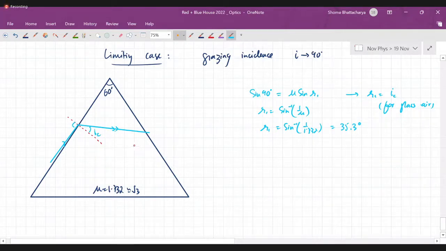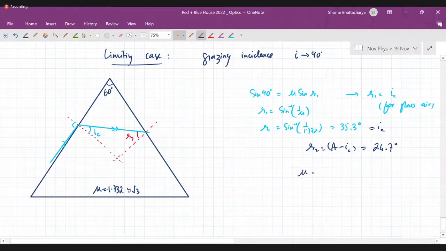Okay. So now my second refraction's incident ray. This angle of incidence, this R2 will become approximately like this.